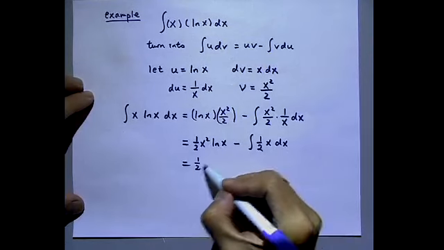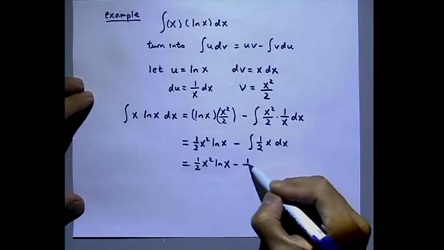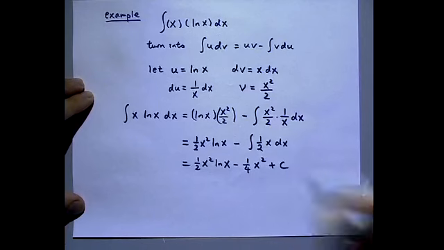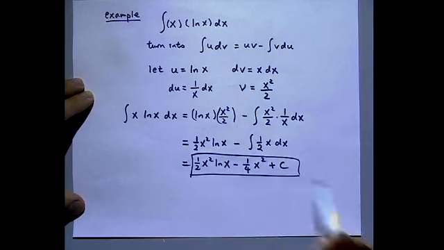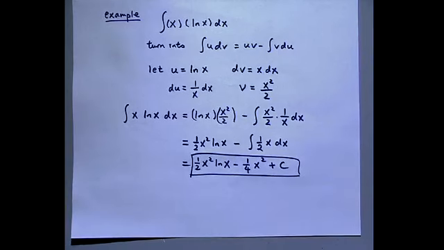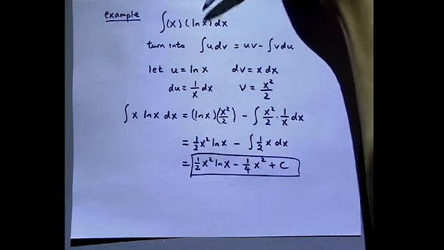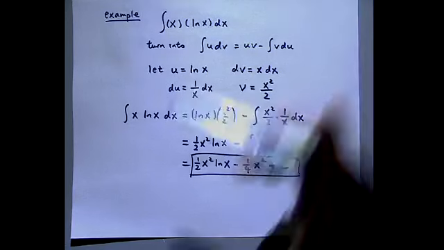And I get, and remember some arbitrary constant c. So this must be the function that gave us this as the derivative in the first place. And by applying integration by parts, we undid the product rule which gave us this in the first place.